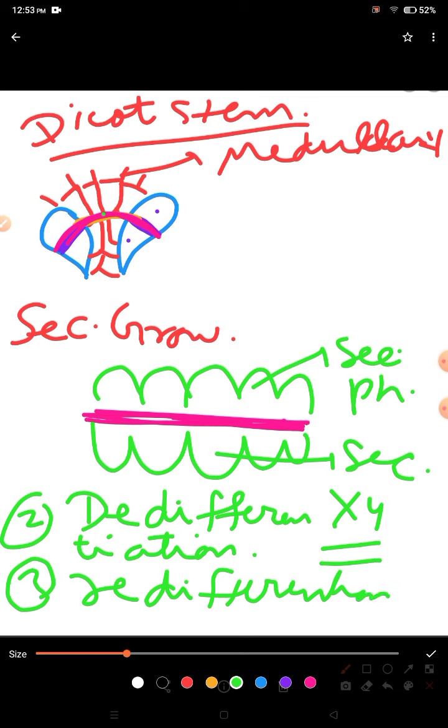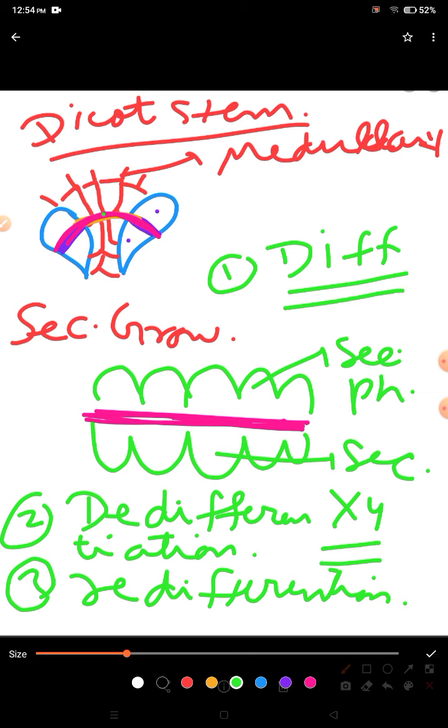So there are three phenomena we discuss here. First one is differentiation. What is differentiation? When cells divide and redivide, elongate, differentiate from others, do not divide further, become mature, and perform specific function. This is known as differentiation.